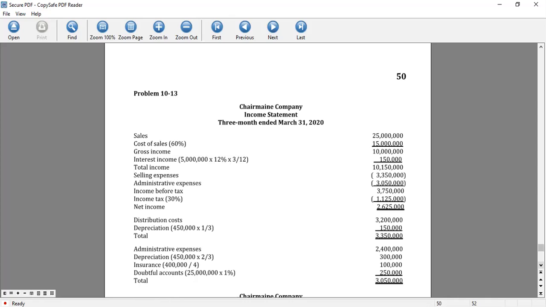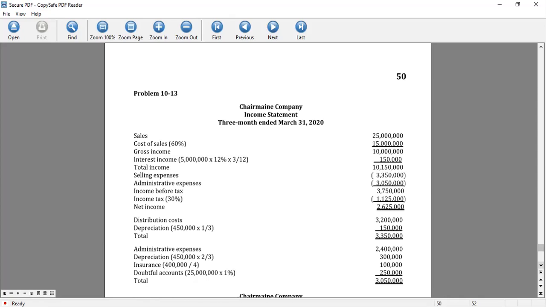The entity uses the straight line method for the remaining life of 10 years, and one third of the account balance consists of assets related to selling activities.